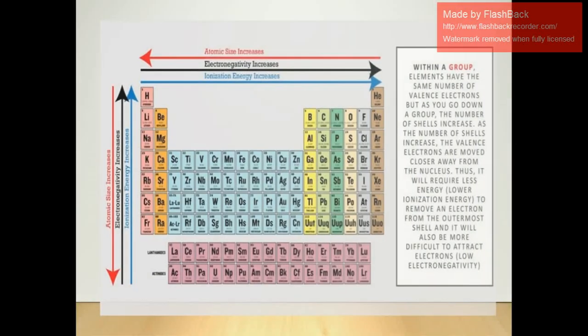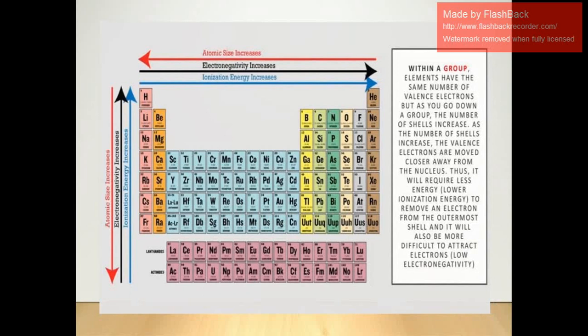Let us talk about some basic important properties related to the reactivity of elements. Within a group, elements have the same number of valence electrons, but as we go down a group, the number of shells increases.